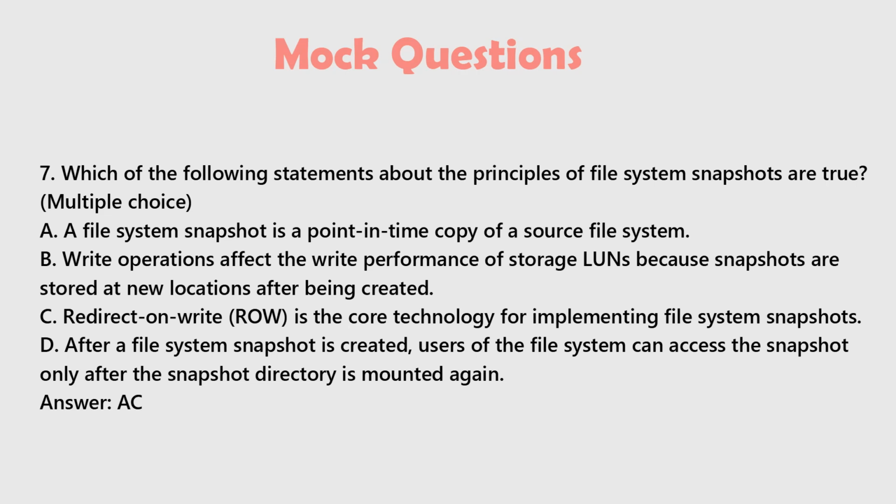C. Redirect on write, ROW, is the core technology for implementing file system snapshots. D. After a file system snapshot is created, users of the file system can access the snapshot only after the snapshot directory is mounted again. Answer: A, C.